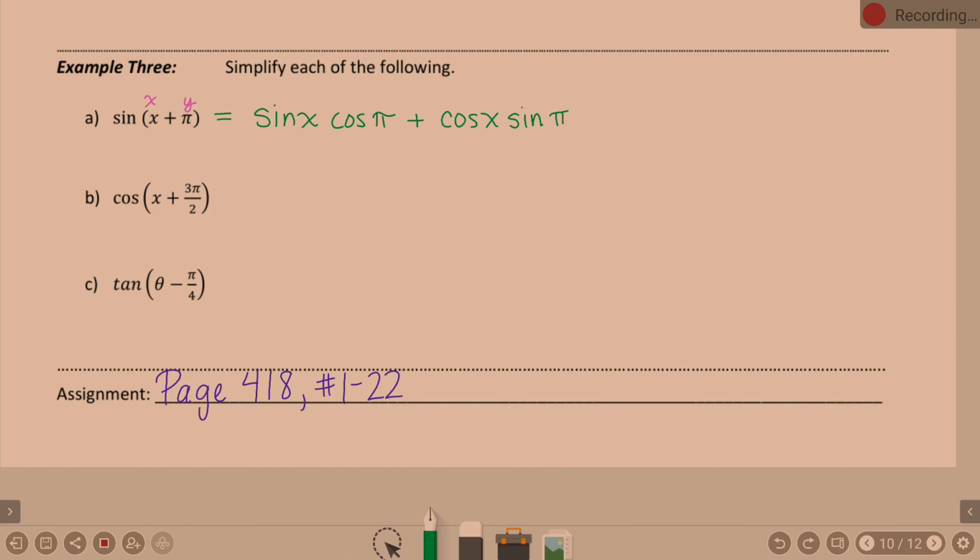Okay. Don't stop here. Okay. Now, sine of x. X is a variable. So sine of x is going to stay sine of x. Cosine of pi. Cosine of pi.